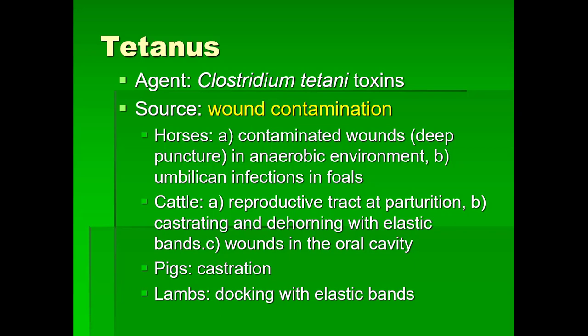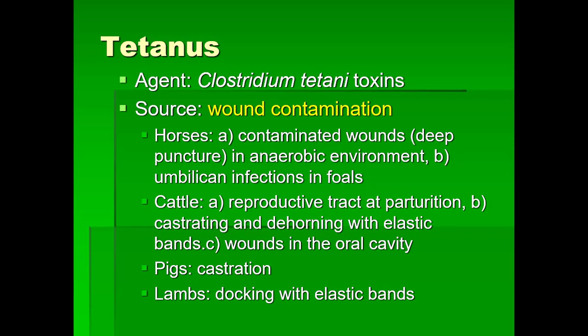In foals, umbilical infections also occur, particularly if they don't receive maternal immunity. In cattle, the usual portal of entry is via the reproductive tract at parturition. Castration and dehorning with elastic bands can also result in clostridial infections. And in pigs, castration wounds are the most common point of infection.